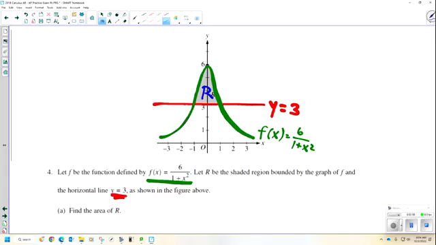Okay, find the area. Area under the curve. Okay, so we'll start this up here. I'm going to circle this, the area of R. Area under the curve just means we're integrating.